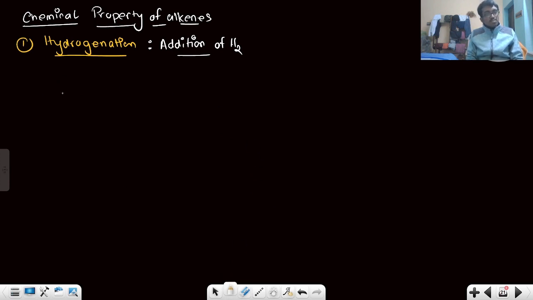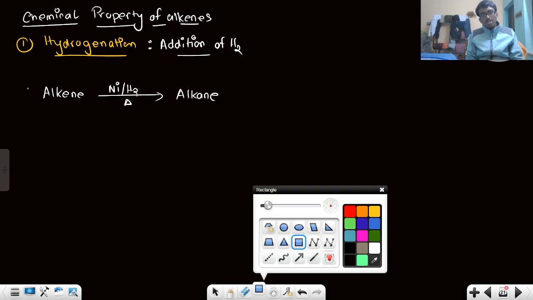So the basic funda is, if you take an alkene and treat it with nickel and hydrogen at heat, you will get an alkane. This is the easy funda, no problem with this.